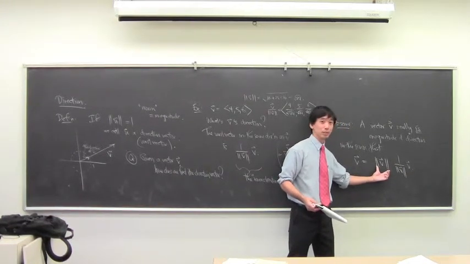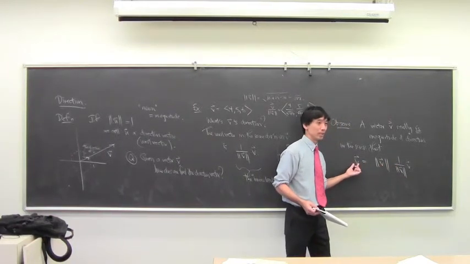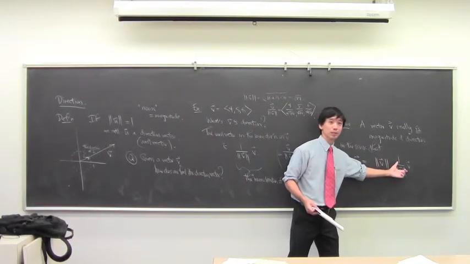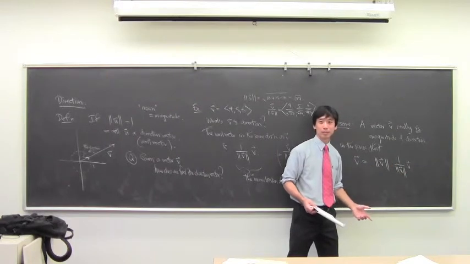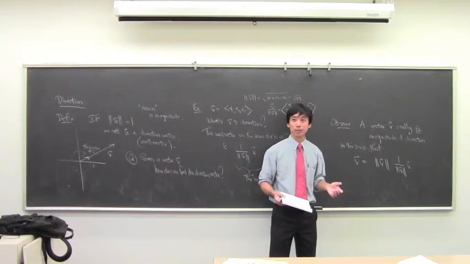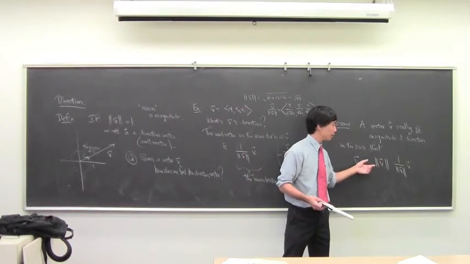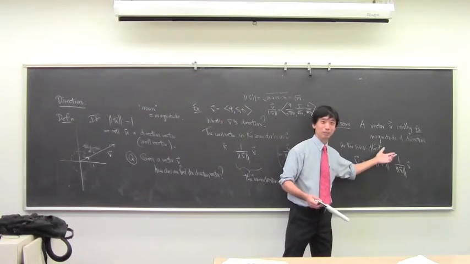This number is the magnitude, and this vector is its direction. So a vector really is magnitude times direction, in a very literal sense. At the beginning we said a vector is something with magnitude and direction. In this sense, a vector literally is magnitude times direction.